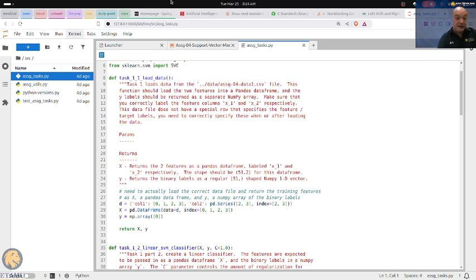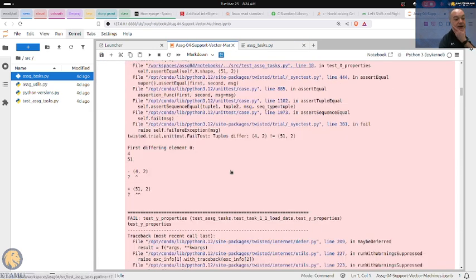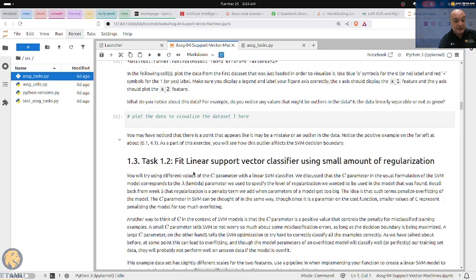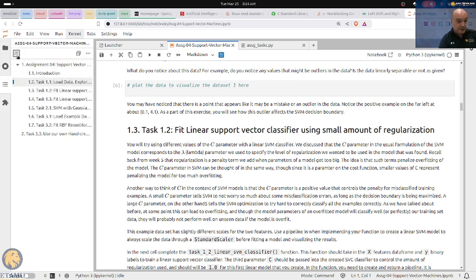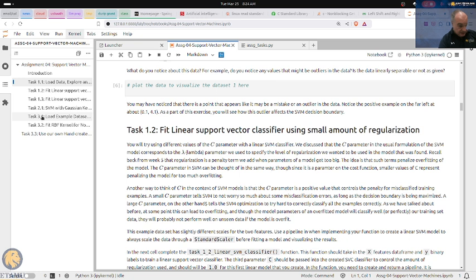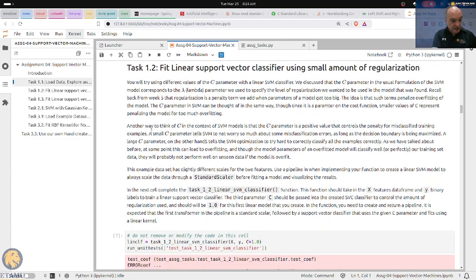The first one is just to load the data, but then I ask you to do 2 different fits of the support vector machine. I need to fix my headers here in the assignment.